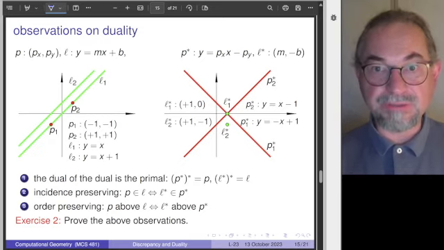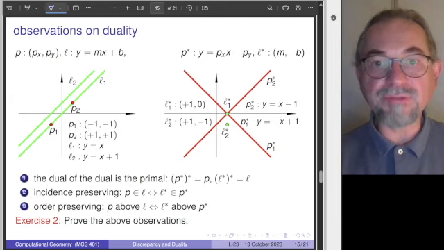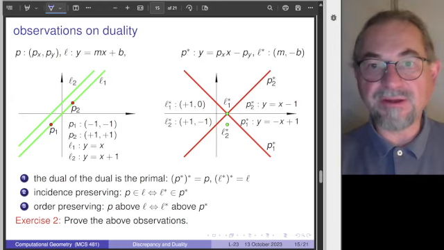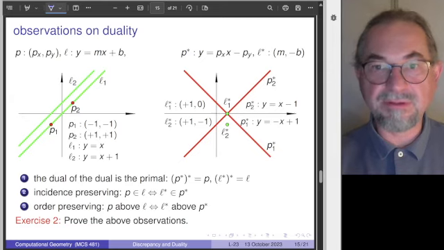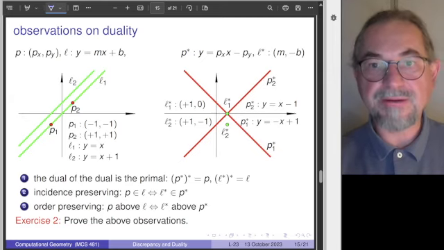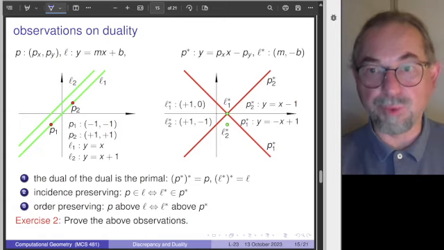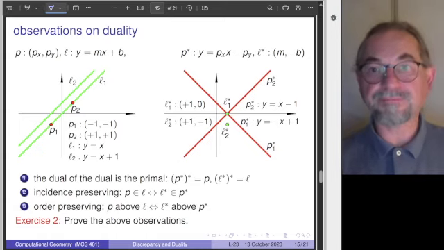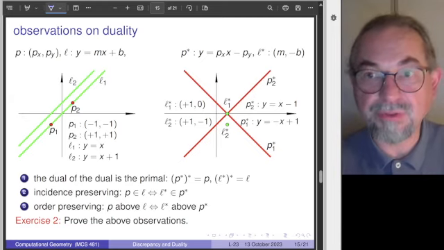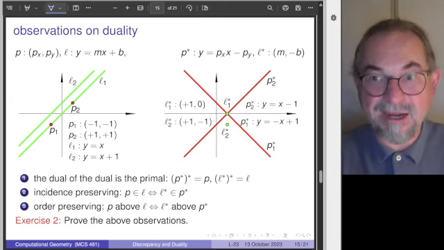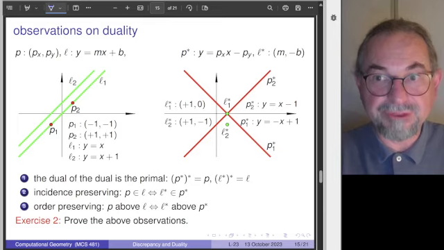If you prove this, you have to change the notations a little bit. You have a line, and that will give you the original point back. You have a point, and that will give you the line. So it's just as simple as writing it down, following the definition.